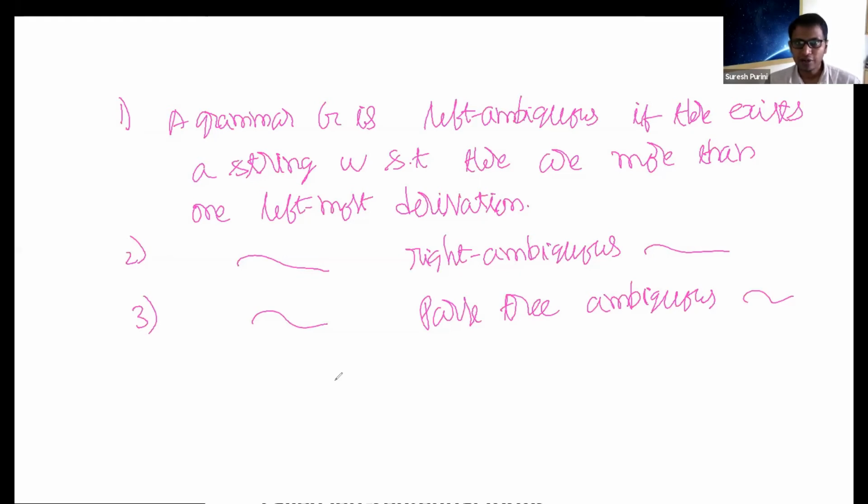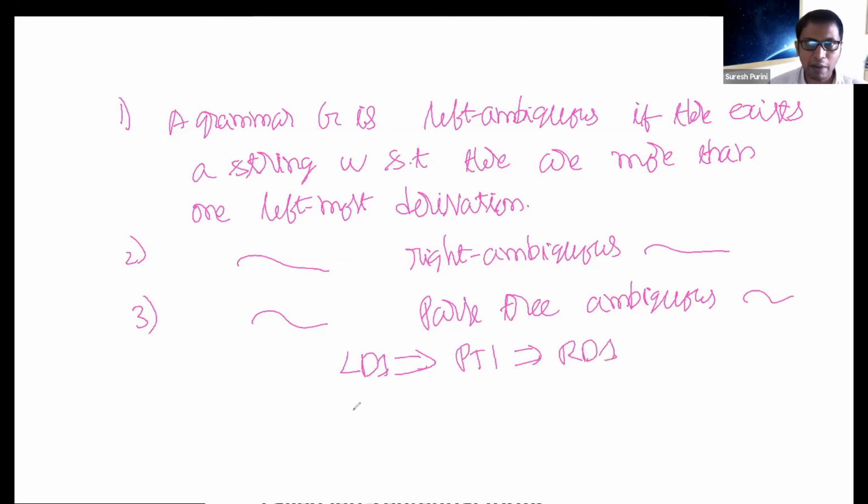So it turns out that, from what we have seen, since there is a one-to-one correspondence, let's say we started with a leftmost derivation. This leftmost derivation gave a parse tree 1, and because of that we get a rightmost derivation 1.